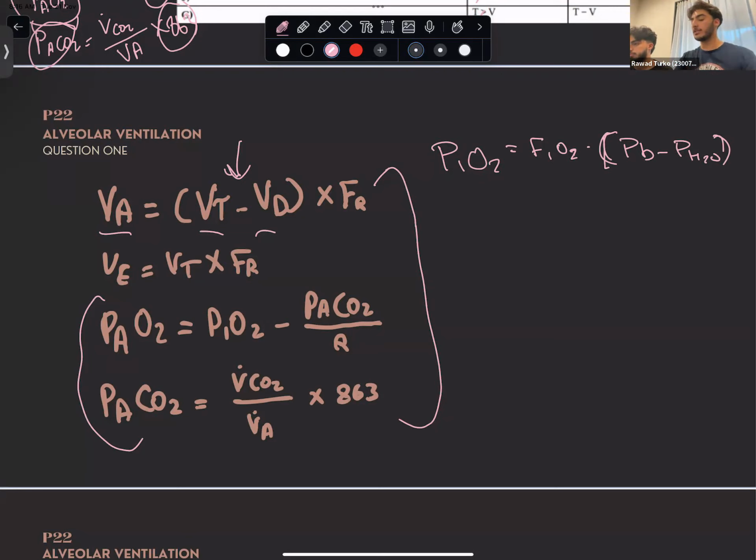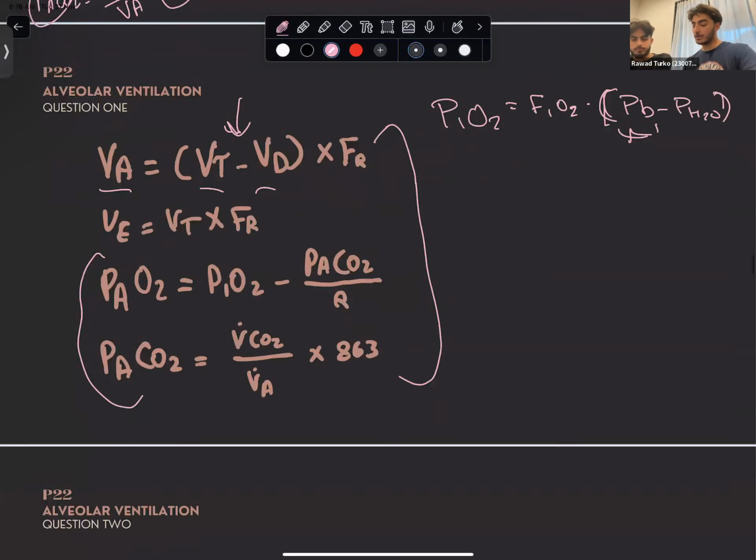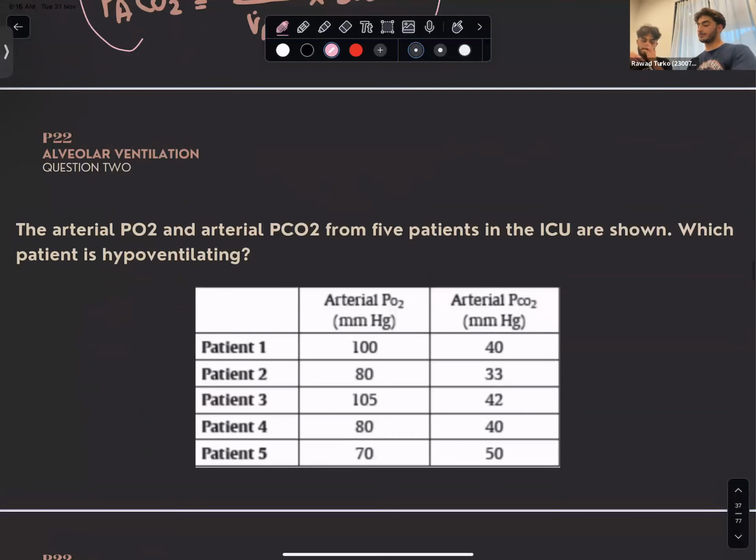So you subtract the water pressure from the barometric pressure, and multiply it by the fraction of oxygen in the air. 21% of all the gaseous molecules in the air are oxygen molecules. That's why we have this fraction, 21% times the barometric minus the water. That's the fifth formula. And we can move on now.